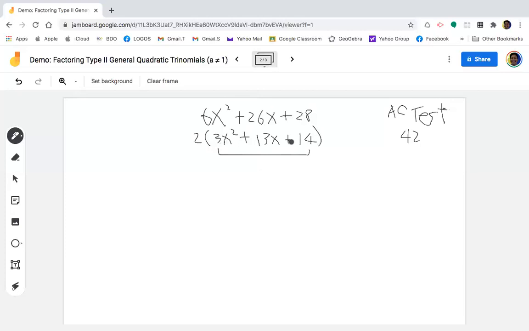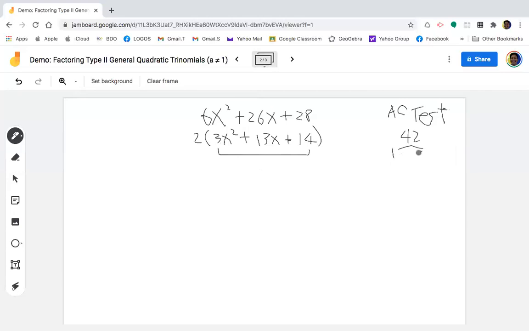All right. Just like in type 1, the operation that we apply on the factors will be determined by the sign of the third term. If this is plus, then we add the factors. If this is minus, we subtract the factors. And our goal is to get the middle term. All right, let's see if we can factor 42 and get a sum of 13.